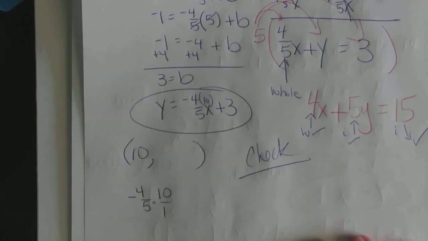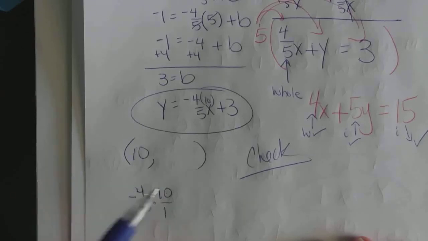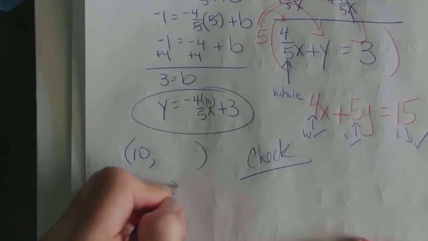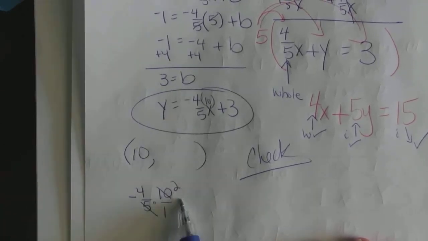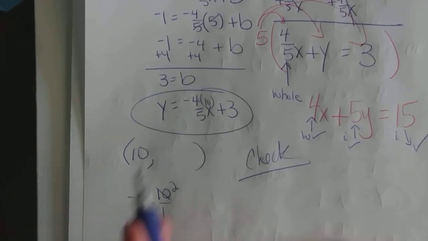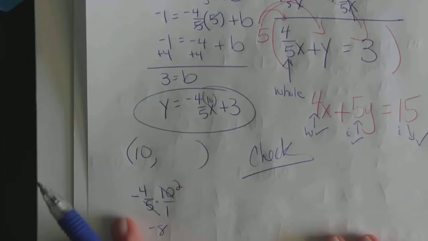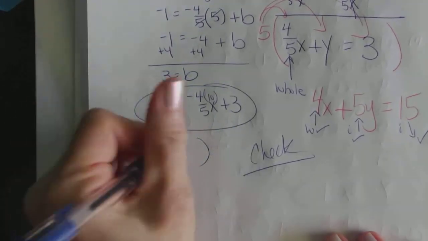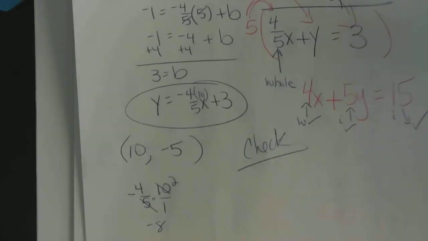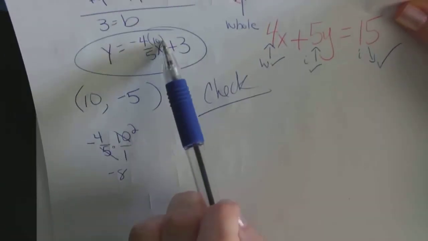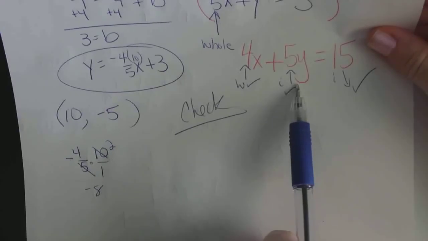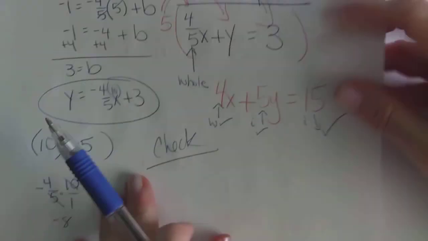Well, negative 4/5 times 10 over 1. 5 knocks out a 10 twice. And negative 4 times 2 is negative 8. You could also do 40 divided by 5, which is 8, negative. And then negative 8 plus 3 is negative 5. So on this side, when x is 10, y is negative 5.